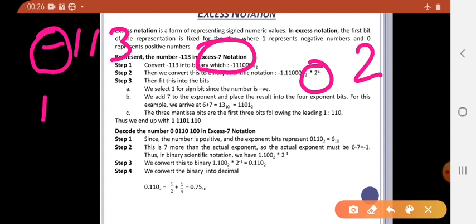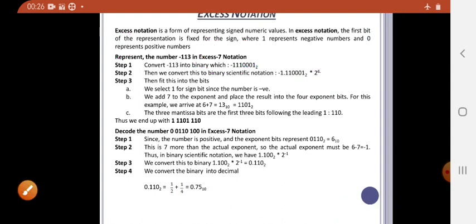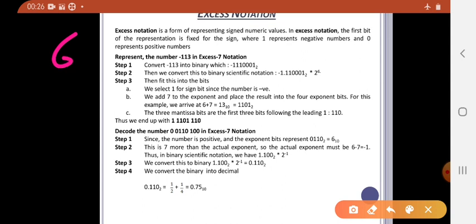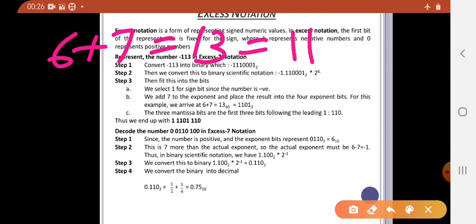This 6 is the exponent, so keep that in mind. When you add 6 and 7, you get the result 13. Now convert this 13 into a binary number, and the binary number for this is 1101.